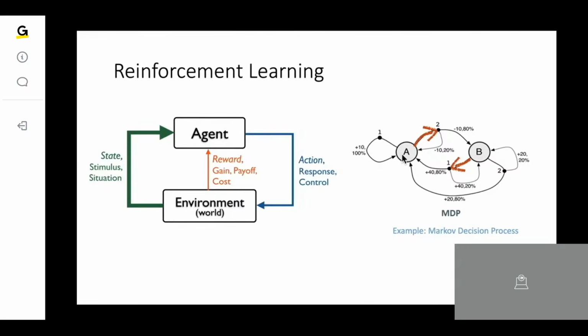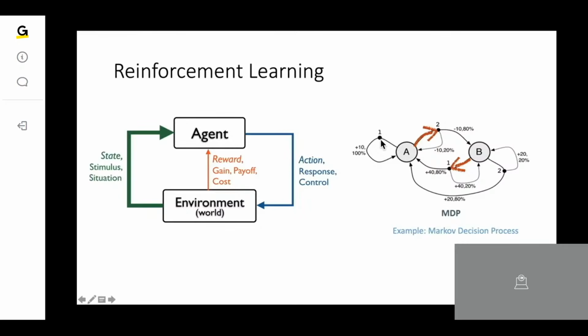It will tell us how an agent can interact with an environment and move from one state to another. So here, there are two states A and B. When in state A, the agent can take two actions. These small dark nodes are action nodes, and these bigger nodes are state nodes. So the agent can take an action 1 or it can take an action 2.